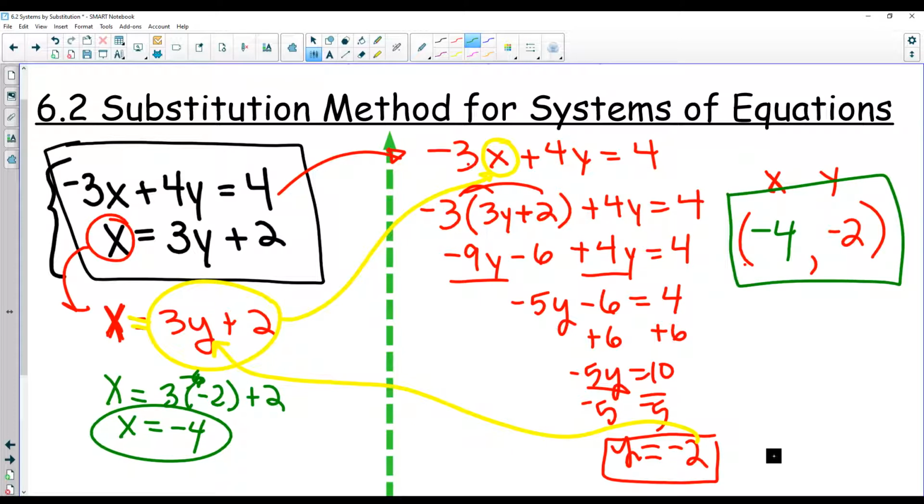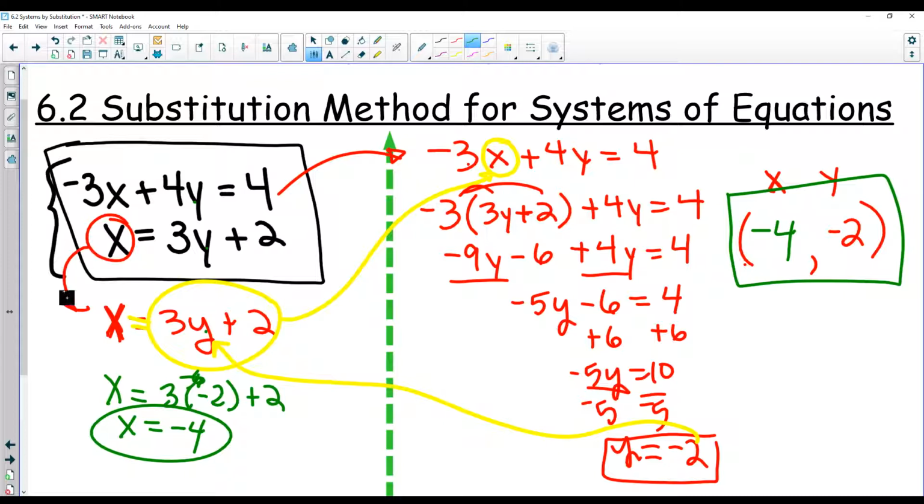Okay? When you take that -2 and you plug it in, you could put it in for any of your y values because it has to work for any of your equations. It's just this one down here is always going to be the easiest one to plug in and get your answer. So, recap, here's what we did.